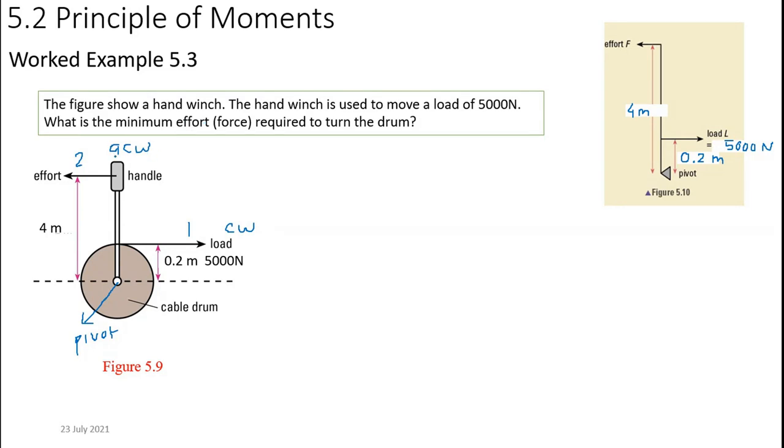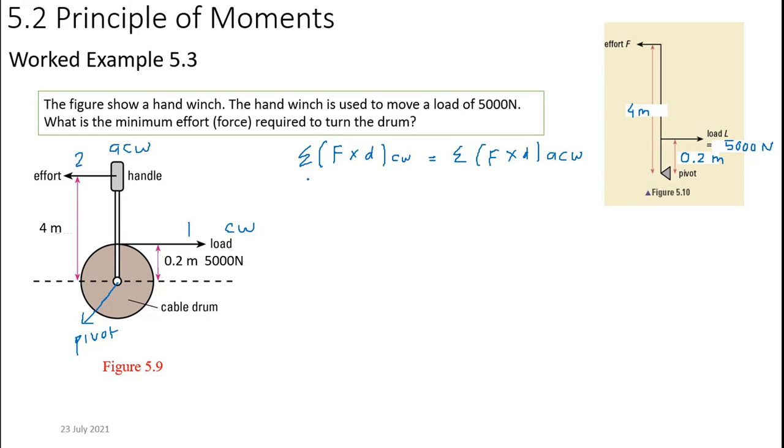Is the effort for the anti-clockwise. So the sum of the force times perpendicular distance for clockwise is equal with the sum of force times perpendicular distance for anti-clockwise.